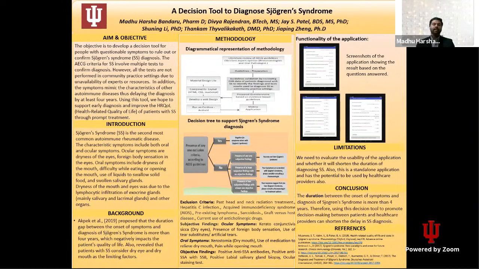Yes. The main challenge is to eliminate the other diseases which have symptoms similar to Sjogren's. That is the reason why we have added the exclusion criteria based on the AECG guidelines. By answering that question, we can eliminate the users suffering from other diseases.